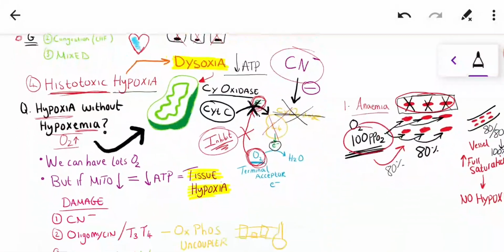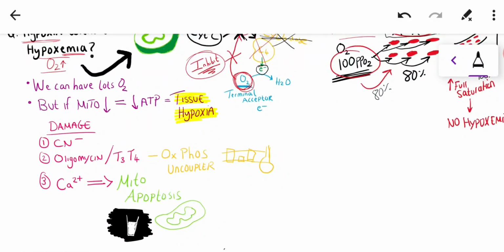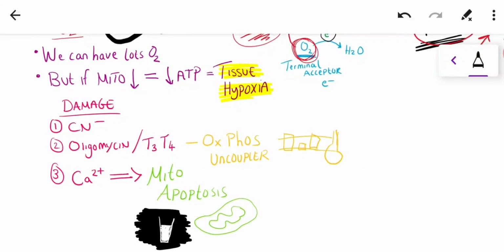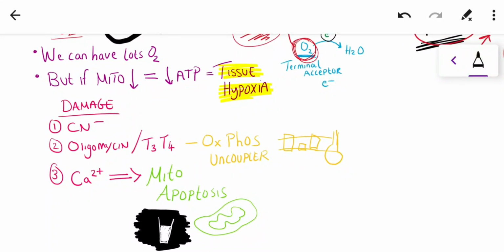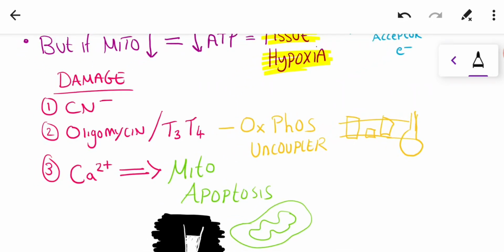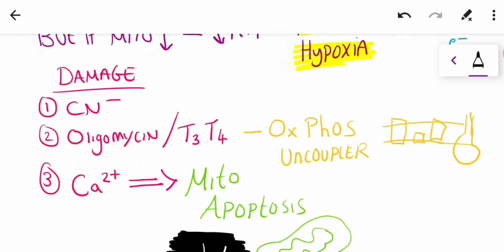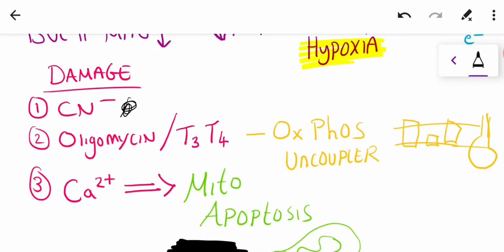Okay? So that's that. Now, that's not the only thing as well. There are some other things that can cause hypoxia, but not hypoxemia. So you may remember from biochemistry from last year. We've already mentioned cyanide.